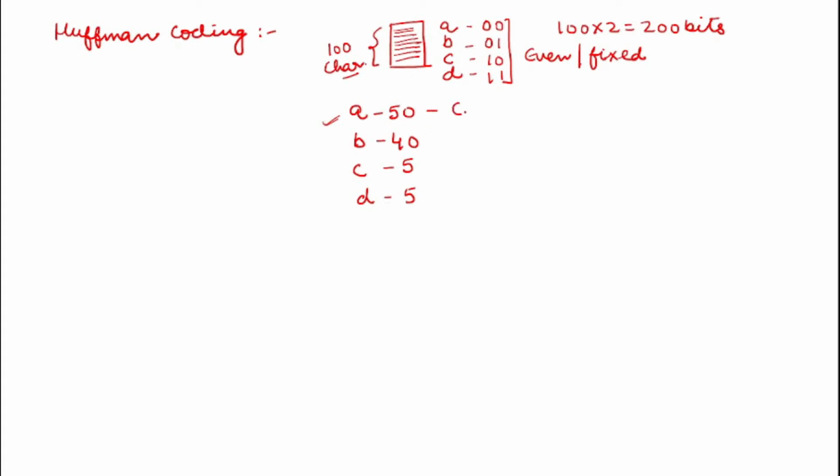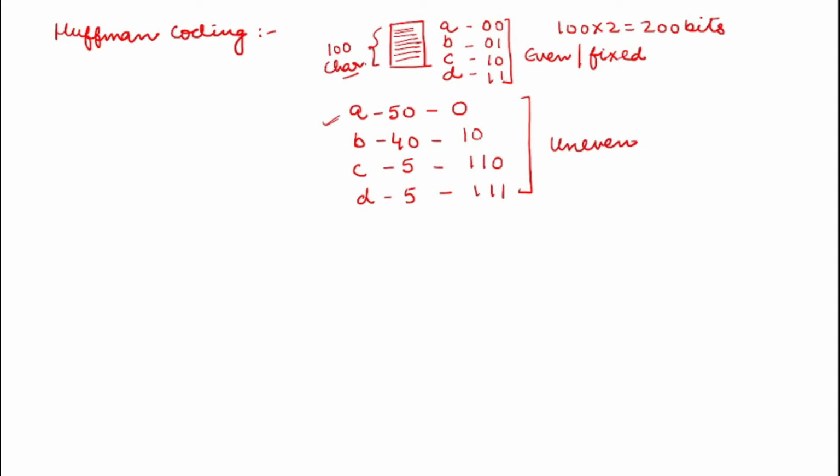So represent it using the least number of bits. Let the pattern be 0 for A. For B let the pattern be 10. For C let the pattern be 110, and for D let the pattern be 111. This is basically an uneven distribution of the bits.